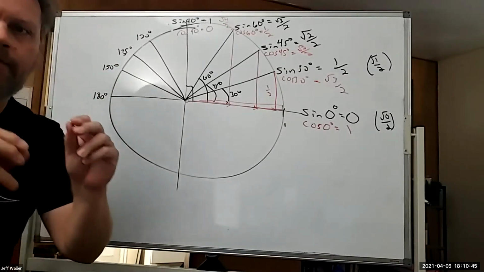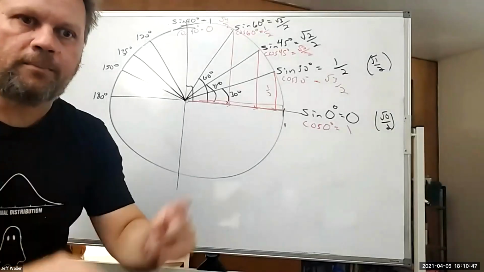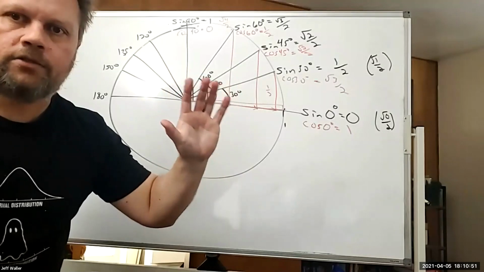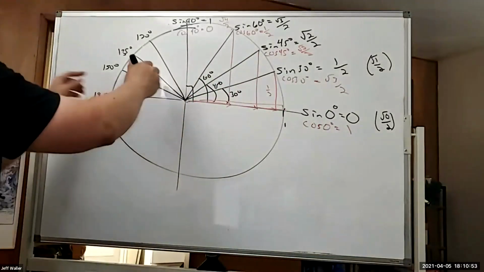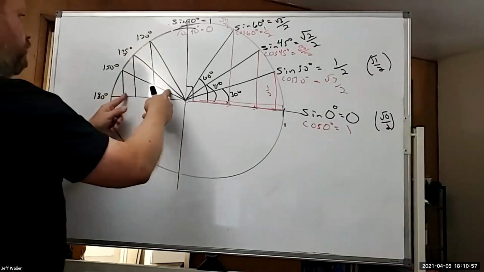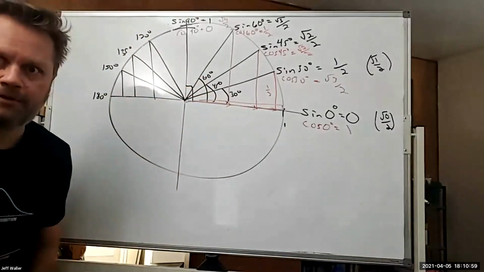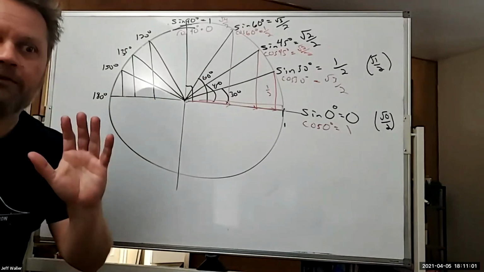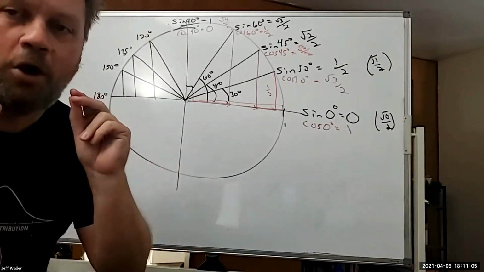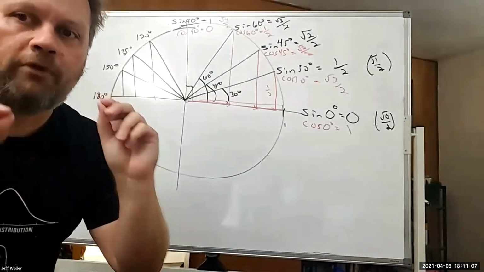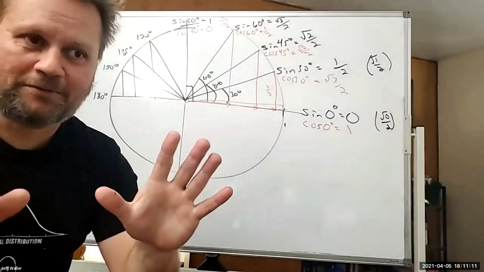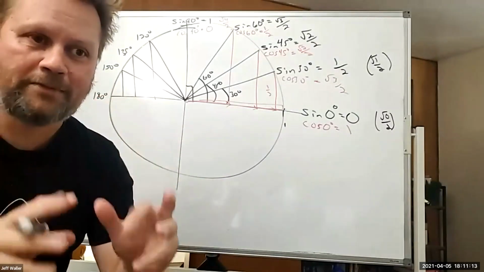Now watch. You do not have to memorize anything past the first quadrant because it's all related to the reference angle. Aren't these triangles the exact same triangles as are there? Yeah. So the value of the trig function only cares about the reference angle. What is the reference angle? We've talked about that at least a couple times.